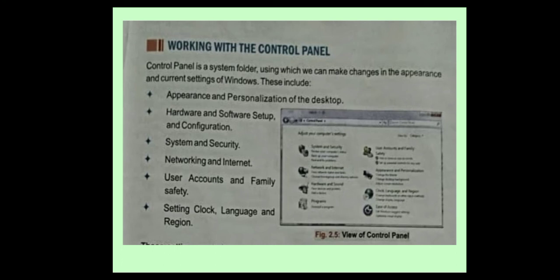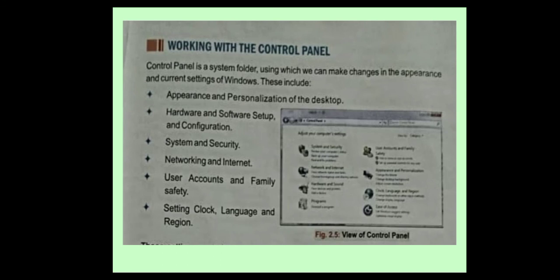When you install any hardware or software, you see it in the control panel. Next point, system security. You can provide system security like your password, fingerprint, eye scanner, or your voice. You can provide different types of security.